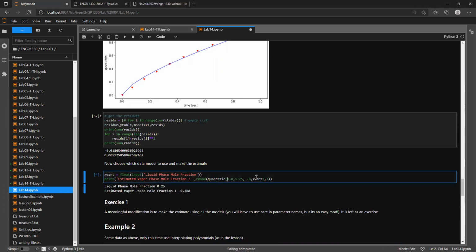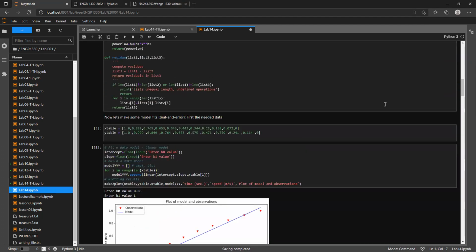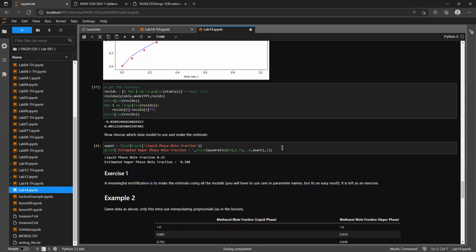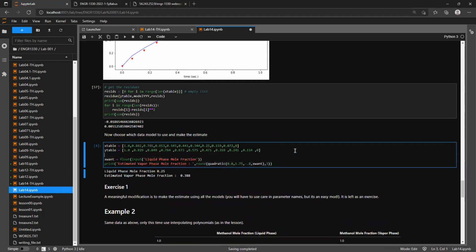All right. So what we have here is, instead of plotting outright, what it's asking for, and I'll even move this down so that we can see it all on the same screen, is if I input a value, it's going to give me the output based on whatever estimation we used.